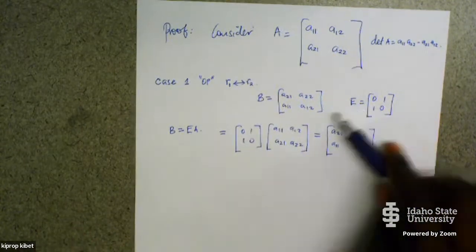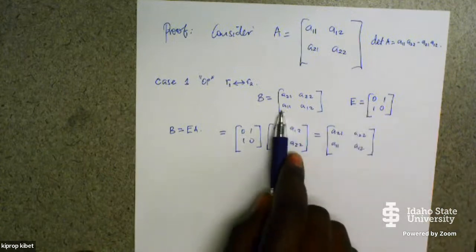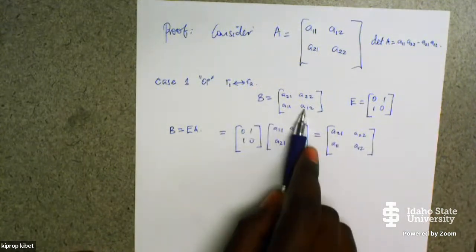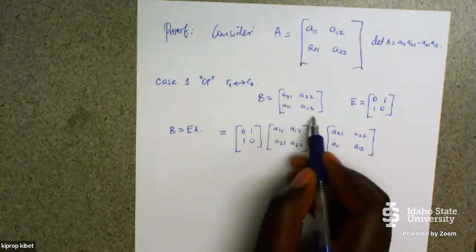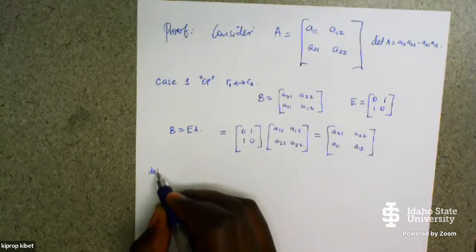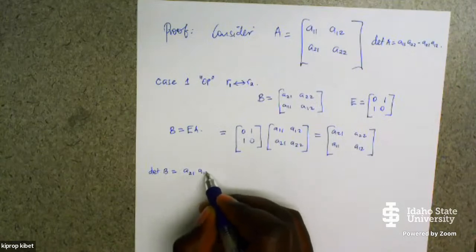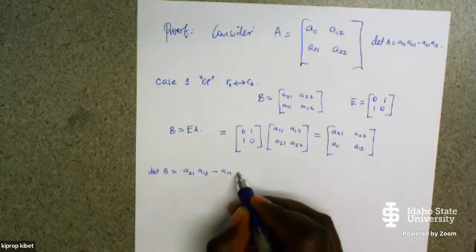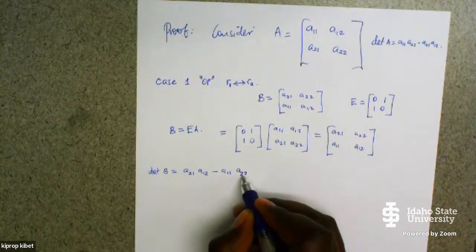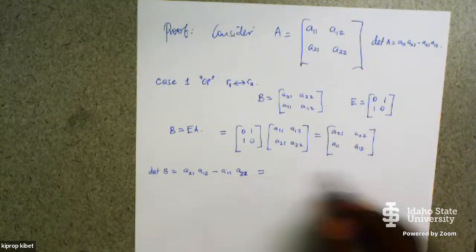Now, what is the determinant of B here? The determinant of B in this case is A21 A12 minus A11 A22.